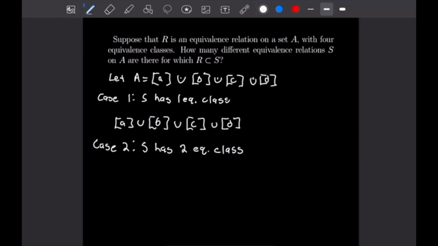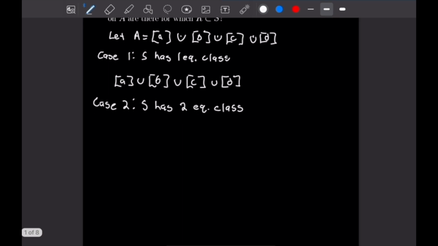Great. So next, let's get into the cases where S has 2 equivalence classes. And so we can represent the cases where S has 2 equivalence classes in the following way, where we have 2 sets of 2 equivalence classes merged together. Then we'll also have sets of 3 equivalence classes merged together and the remaining equivalence class. So let's start with the groups of 2 and 2.